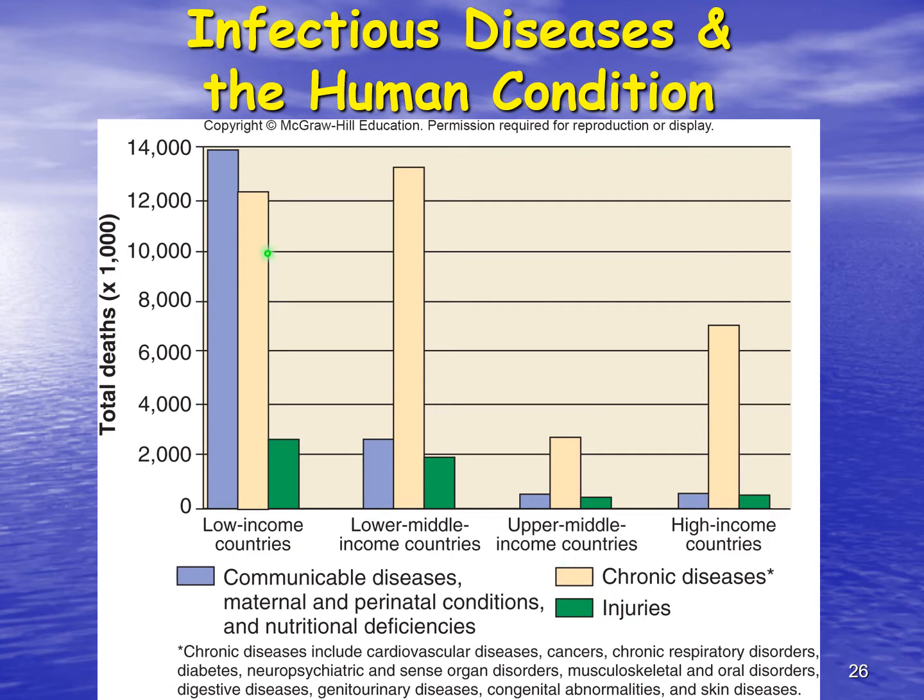The chronic diseases, well, deaths from those do tend to be higher in those lower income countries, less so in the higher income countries. What I found interesting, however, was that the upper middle income countries actually have the lowest death rate from chronic diseases. And then injuries kind of follows again with the communicable diseases in income.